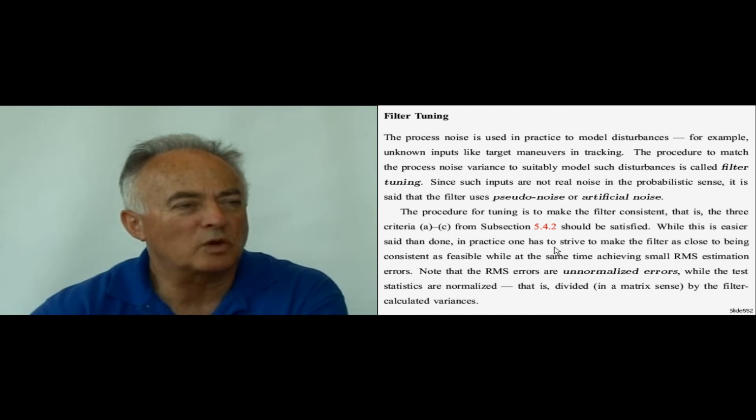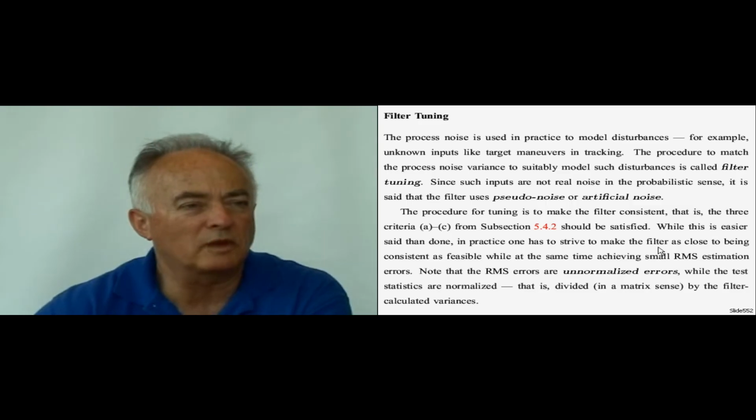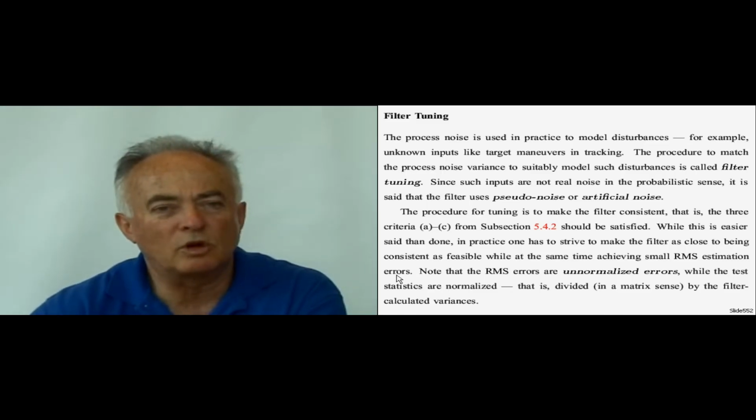In practice, one has to strive to make the filter as close to being consistent as feasible, while at the same time achieving small RMS estimation errors. So what we really have to do is a compromise between adding more noise, which will increase the variance of the resulting estimate. Therefore, the normalized estimation error and normalized innovation squared will be smaller, but you don't want them too small either.